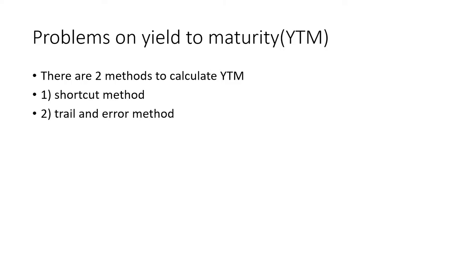So to calculate the yield to maturity, there are two methods. One is the shortcut method. By using the formula directly we calculate the answer.